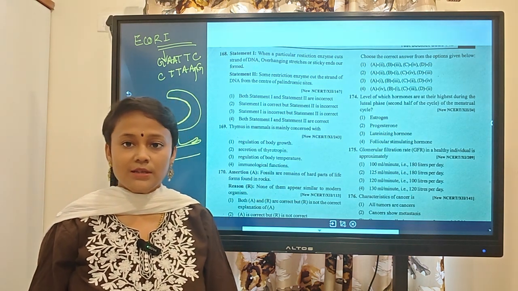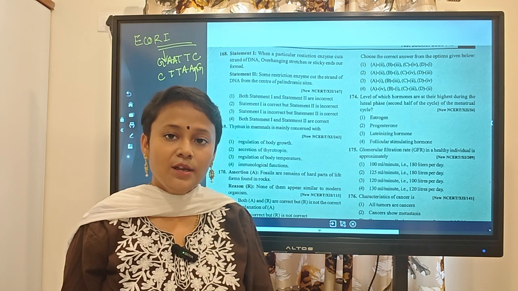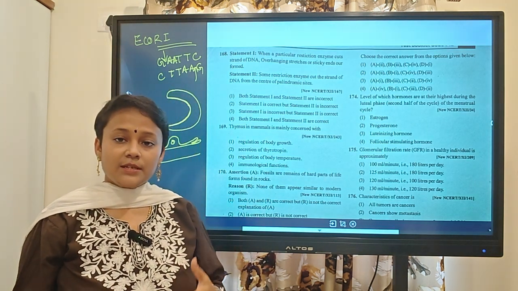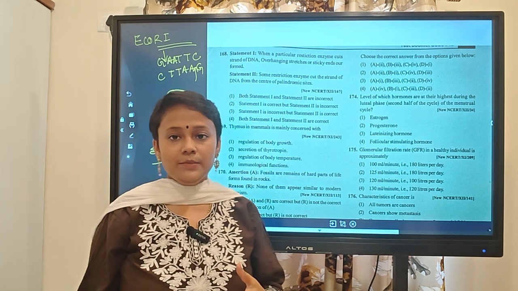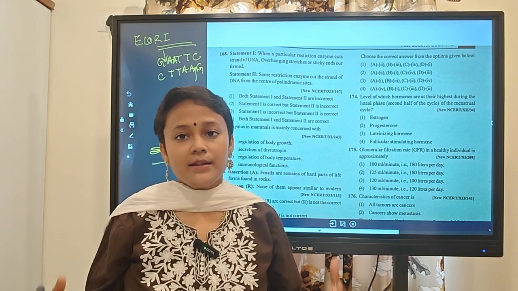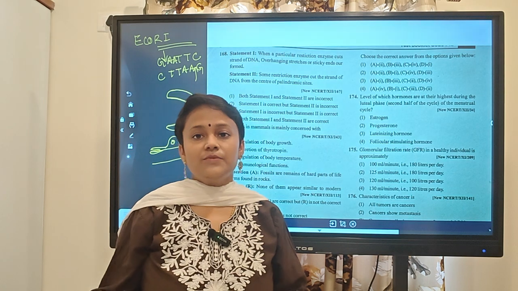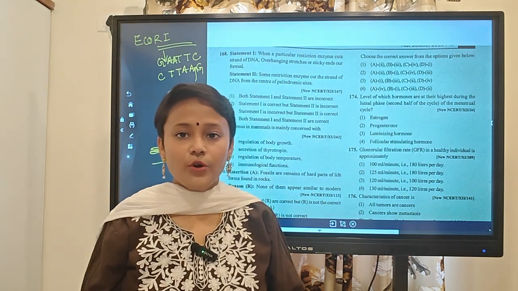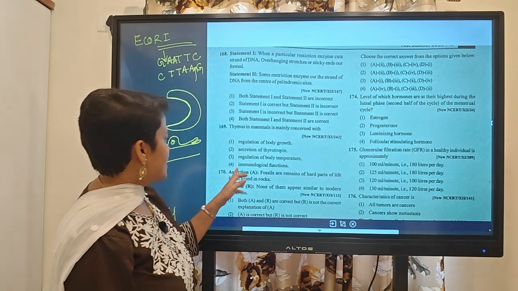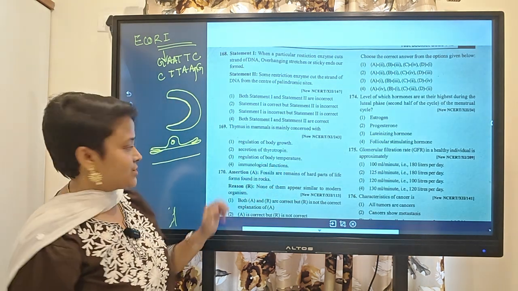Maturation means T lymphocytes are generated from bone marrow, but when they come to the thymus, they become differentiated and antigen sensitive, so that when they go to the secondary lymphoid organ, they can interact with the antigen. So the answer will be immunological functions.